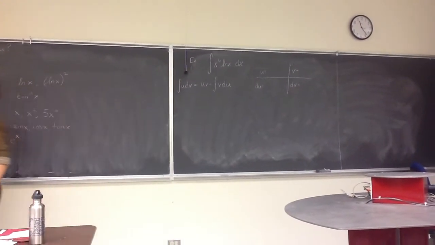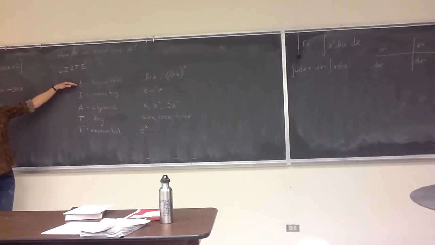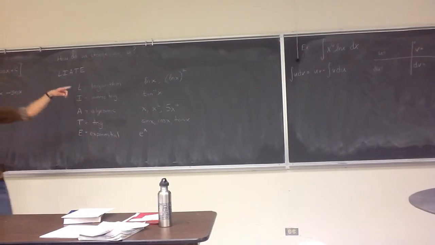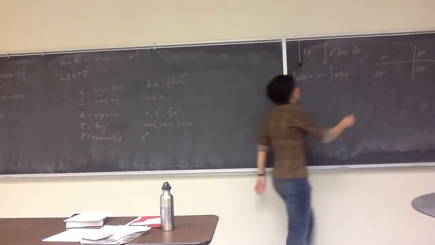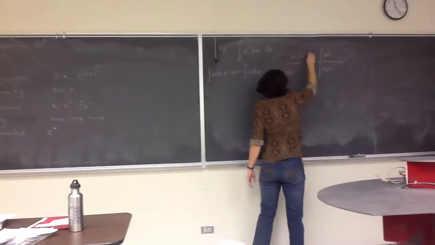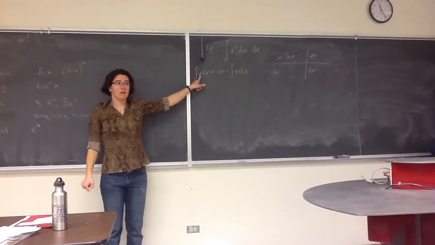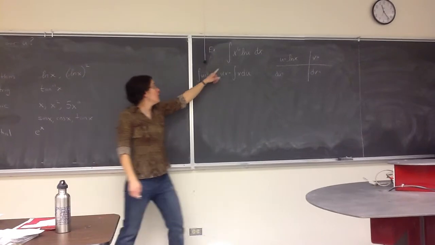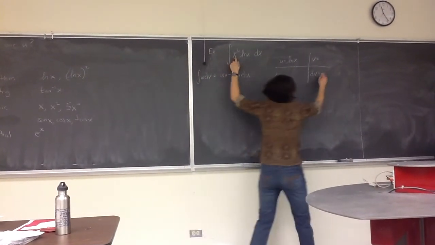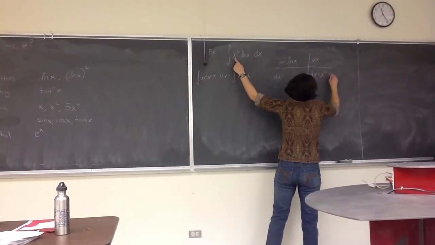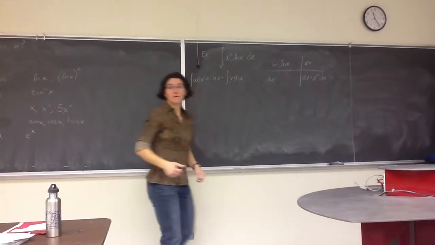And choosing my u, I look at my acronym LIATE, and first I say, do I see any logs? And the answer is yes. I see a log up there, so that's going to be my u. U will be natural log of x. And everything else, other than my u, gets lumped into the dv. So the leftover parts, the x to the 6th, and the dx, are my dv values.